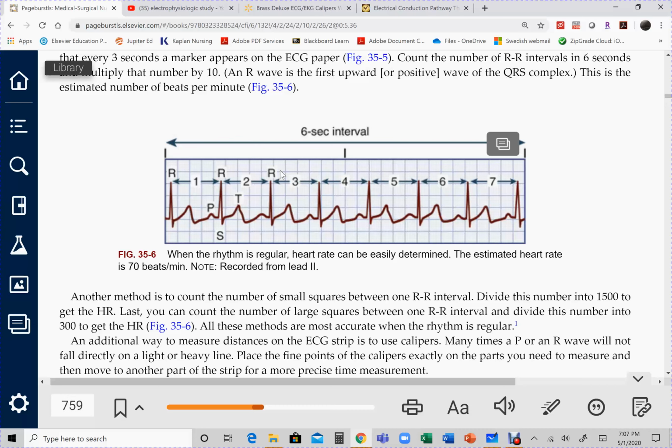If the occurrences fall approximately on the same line, meaning they are occurring at regular intervals, then we can say the rhythm is regular. That is the rhythm that I'm talking about, not the heart rhythm. Okay, the rhythm, the interval of the waves and complexes.